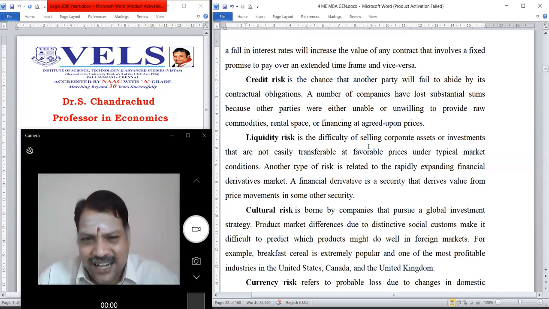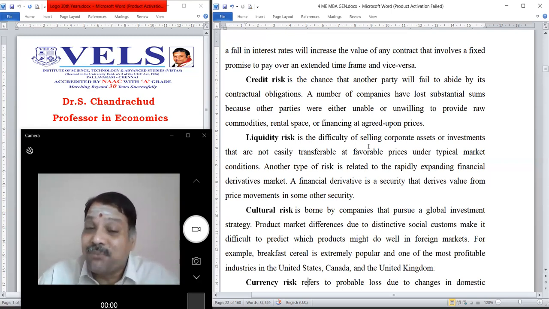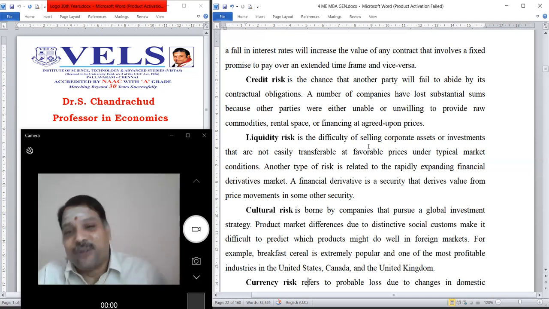There's another type of risk related to this particular liquidity, expanding the financial derivatives. When there is a reduction in the Sensex, people try to invest more. Why? Because in order to stabilize their business. This financial derivative is a security that derives value from the price movement of some other security.